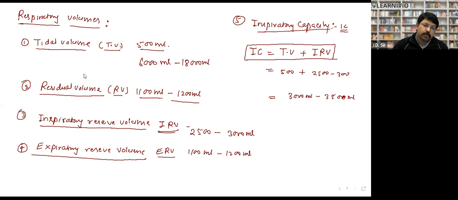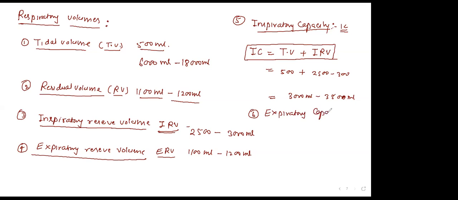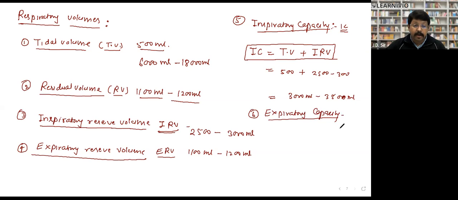Okay. Look, the sixth one is expiratory capacity. How much a person can expire after normal inspiration, that is EC.